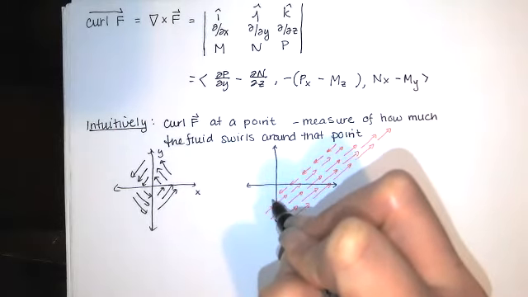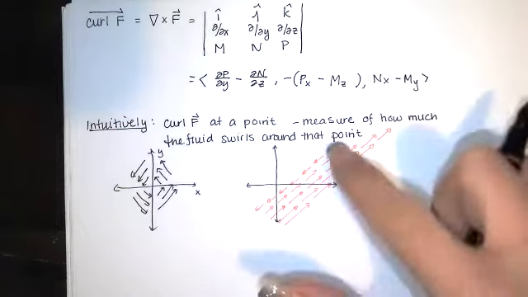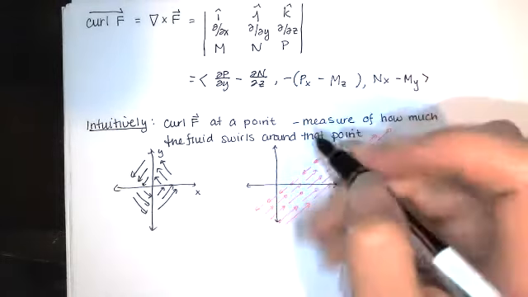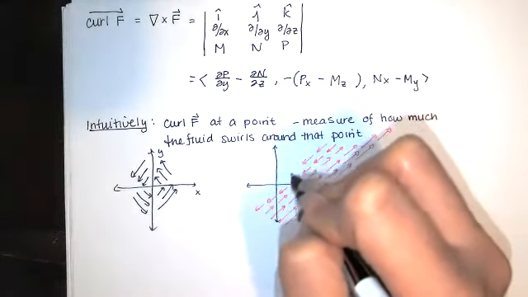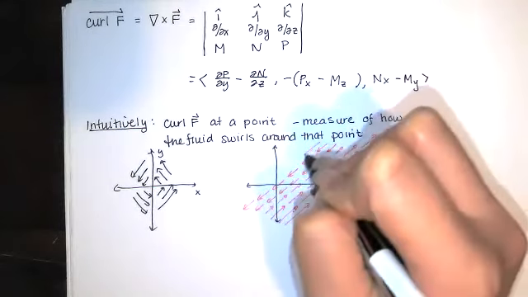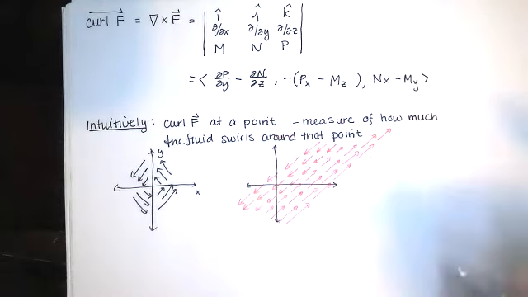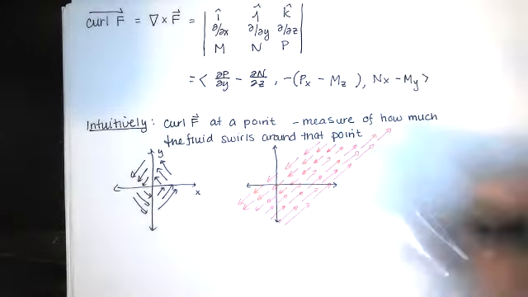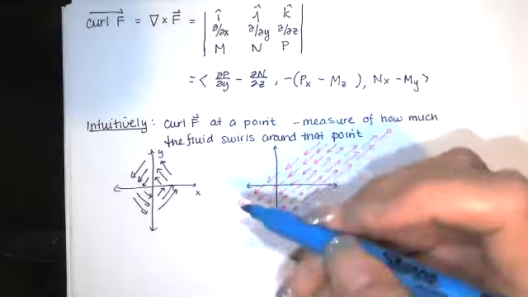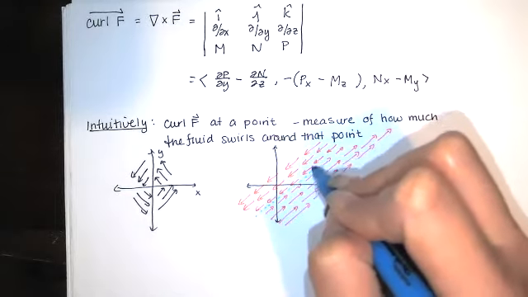But if you've got some of the field lines going in one direction and some of the field lines that are adjacent to it going in the other direction, that's going to lead to some curl. That's going to lead to non-zero curl. And it's because of that line right there, where that field switches direction.